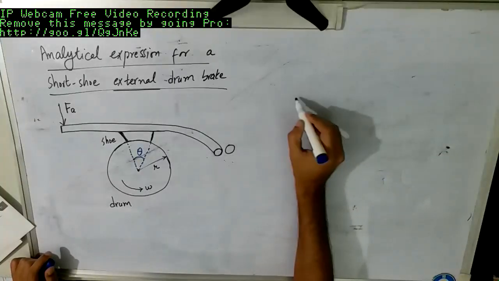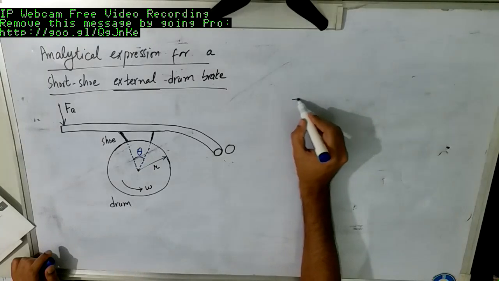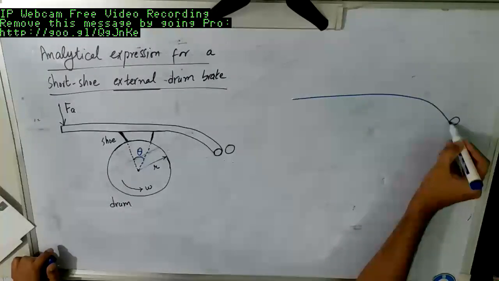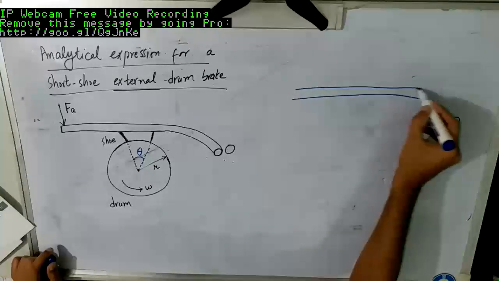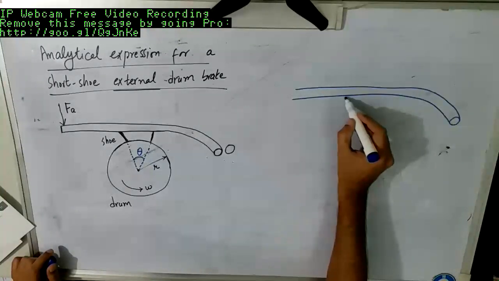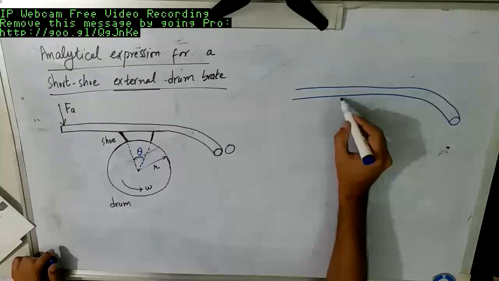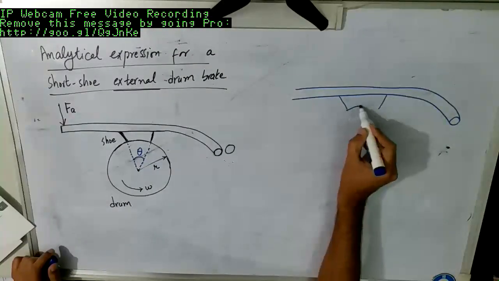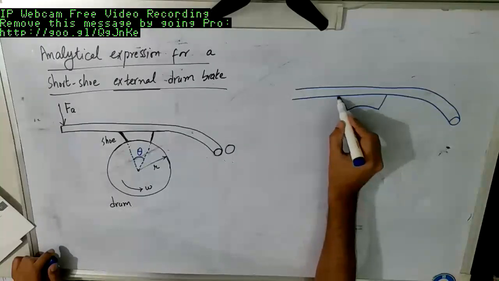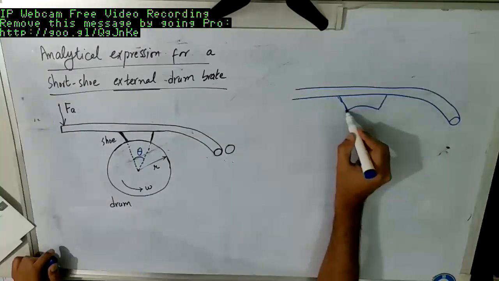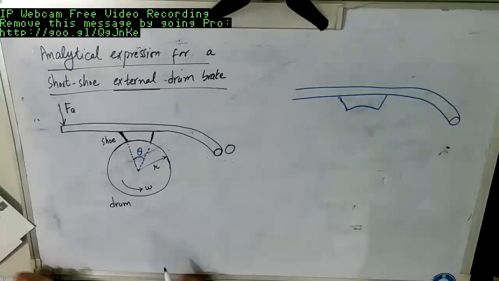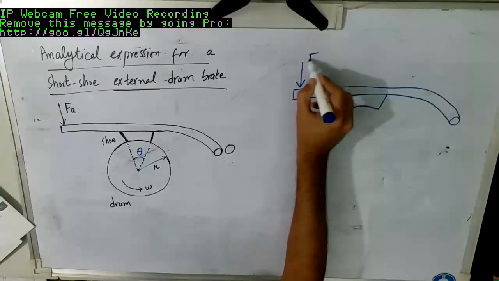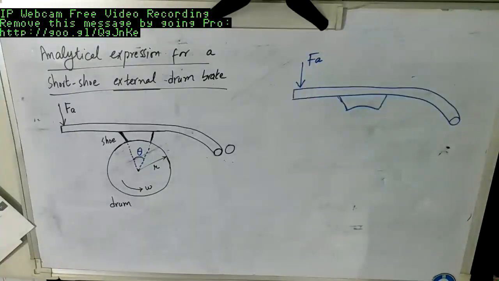So for the free body diagram, let's draw this lever as it is, right? And here we have a shoe attached to this lever, and it has a circular arc here, just like this. So we already know that on one end we are going to apply a force, which is the actuation force.